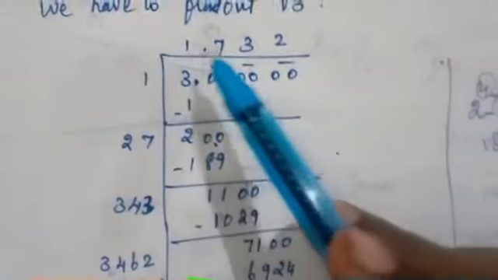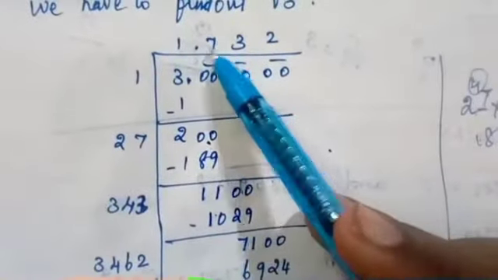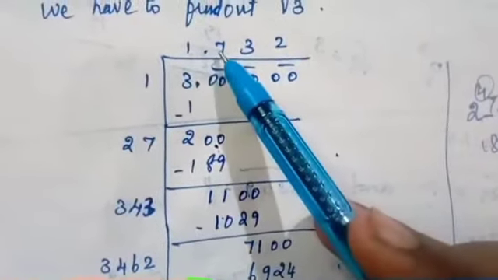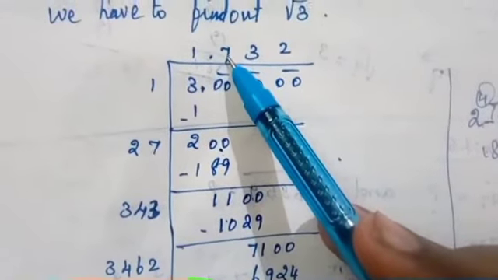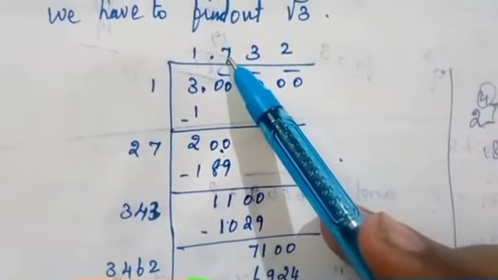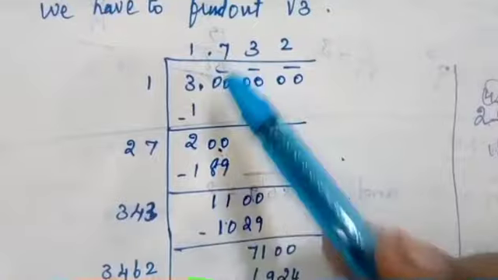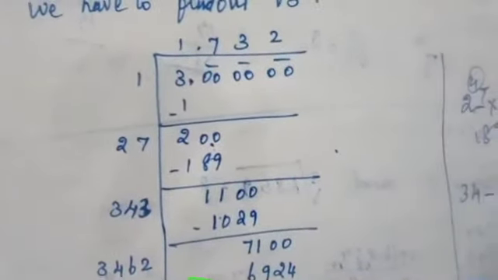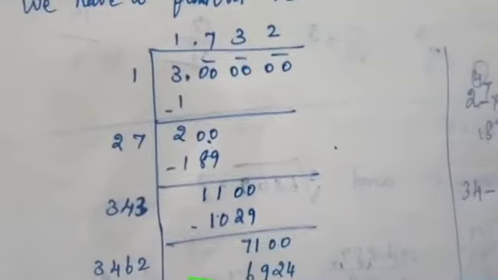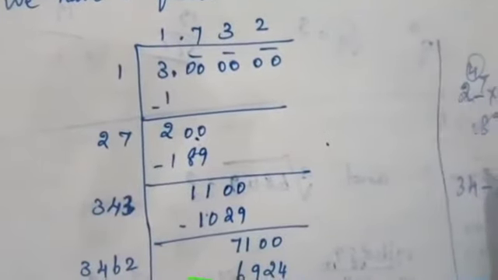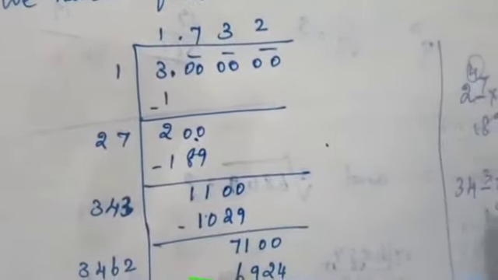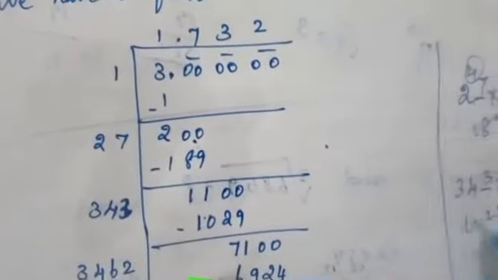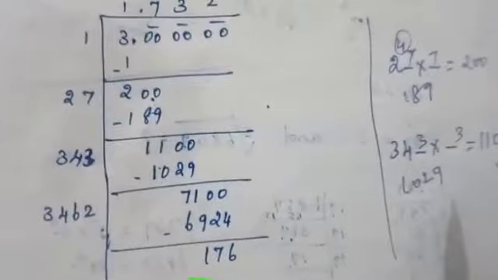Now you have to multiply: already 1 2 is 2, 17 is there, 17 into 2 is 34. Along with this 34, which number is satisfied for 1100? That is 3. 3 3s are 9, 4 3s are 12, balance 1 10, so that is 1029.